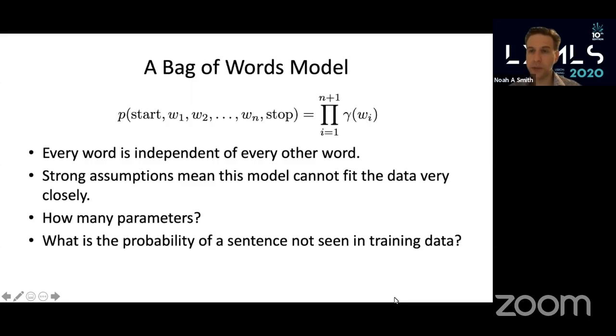We'll talk a little bit more about smoothing later. Then you're fine. As long as the new sentence doesn't contain unseen words, you should be okay. Okay. So we'll come back to this point, but basically things look much better for this kind of model.